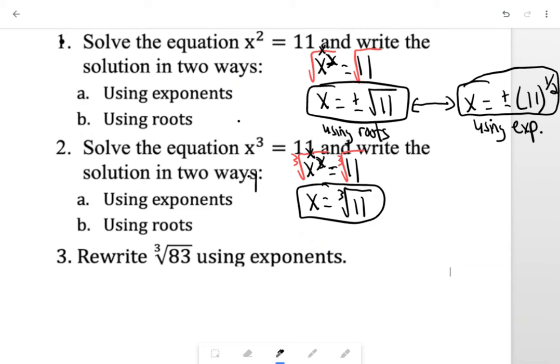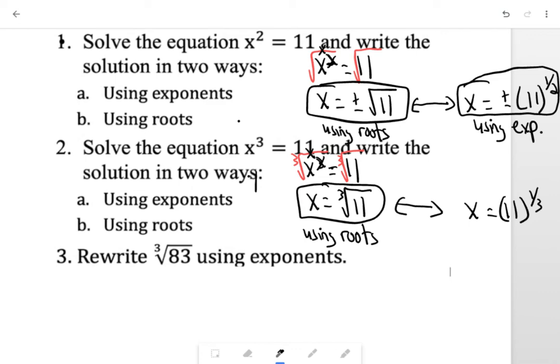So once again, this is actually the answer to part B. This is write the solution in two ways. This is writing the solution using roots. And then to write the answer using exponents, going back to part A, I'm going to simply do the same thing I did for number 1, and I'll just say x equals 11 to the power of 1/3.